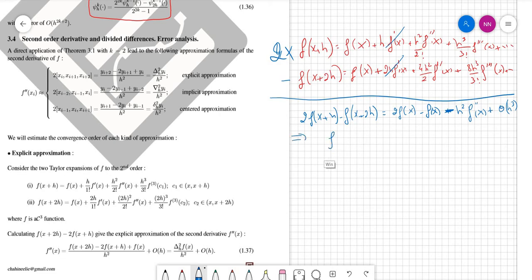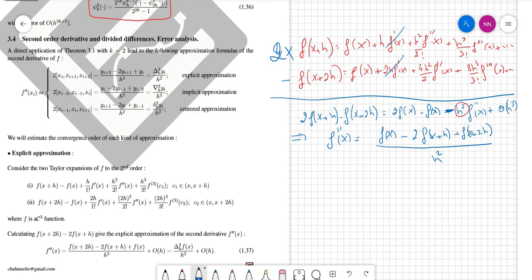Then f double prime of x will be equal to 2f minus f, it's f of x minus 2f of x plus h plus f of x plus 2h, and it will be divided by h squared, which is the term coming from here.